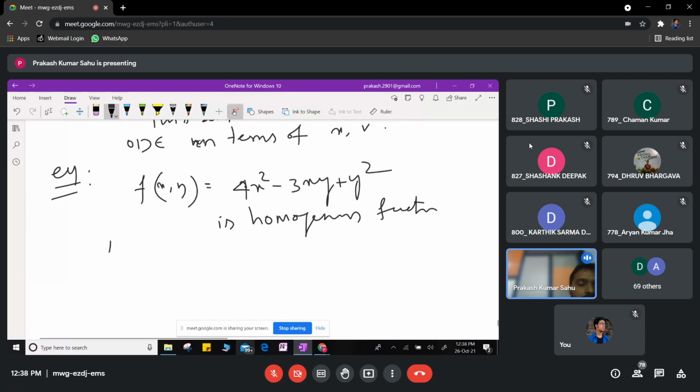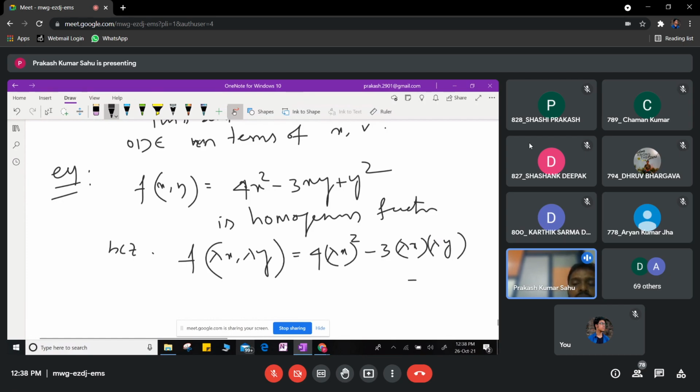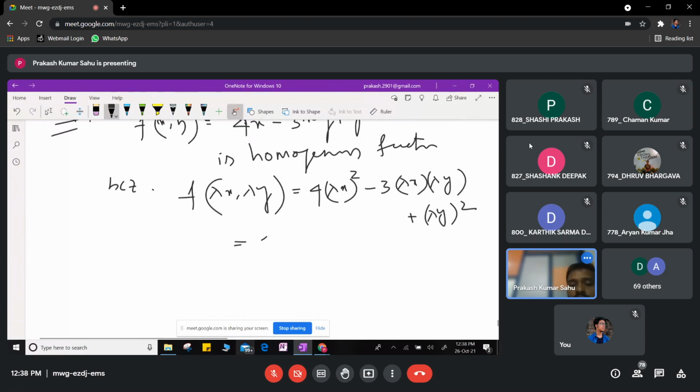Why? Because if you check f of lambda x, lambda y, substituting lambda x and lambda y in place of x and y, you get 4 lambda x square minus 3 into lambda x into lambda y plus lambda y square. This is 4 lambda square x square minus 3 lambda square xy plus lambda square y square.